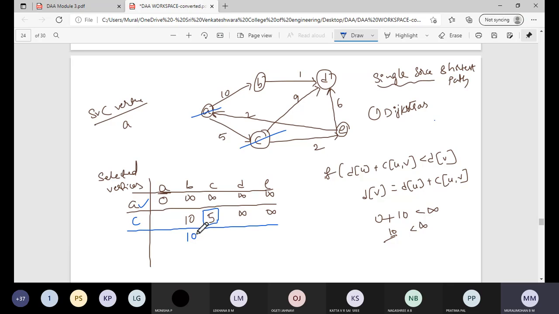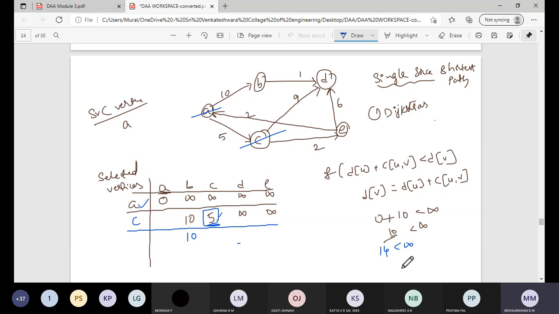So now you calculate the distance from C to D, because there is an edge from C to D. So D is the fringe vertex of C, right? Now you update this value. What is the distance of D now? See, already for C we are having 5. So 5 plus the distance from C to D, which is 9, is 14. 14 is less than the distance of D, which is infinity.